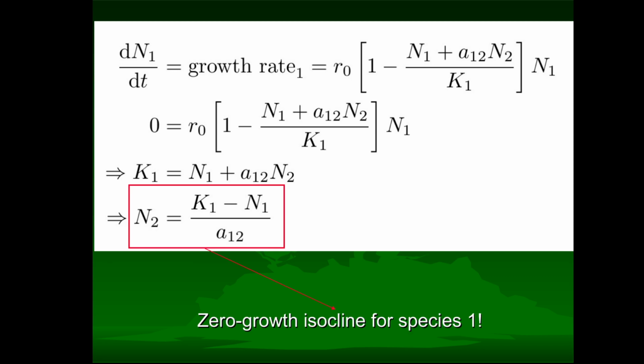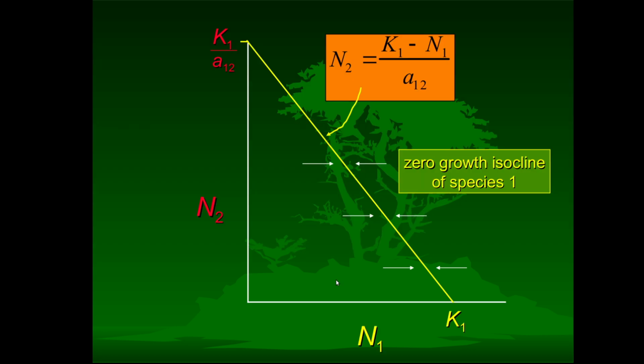This is the zero growth isocline for species 1. So there it is. This is the line, and this is the equation for that line in terms of the two Ns, and then these two parameters of the line. So this gives the values of N1 and N2 for which the growth rate is 0. So any values of N1 and N2 along this line give a growth rate of 0 for species 1, the yellow species.